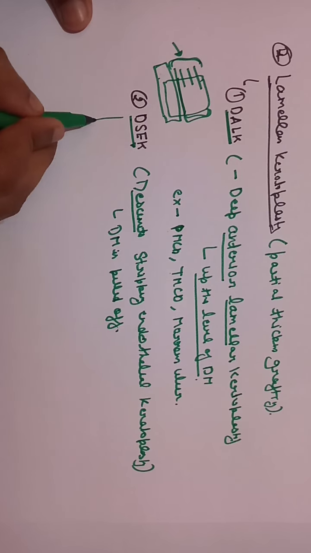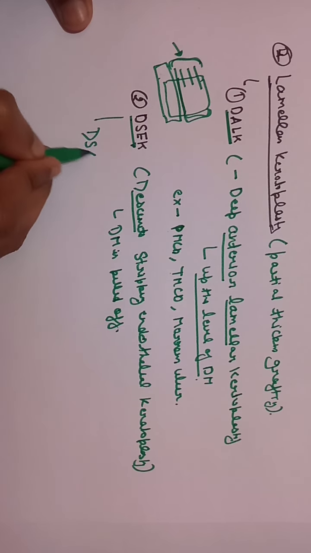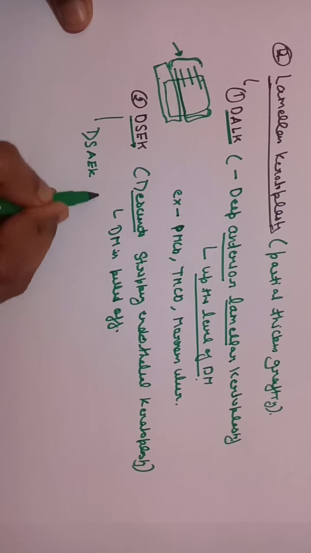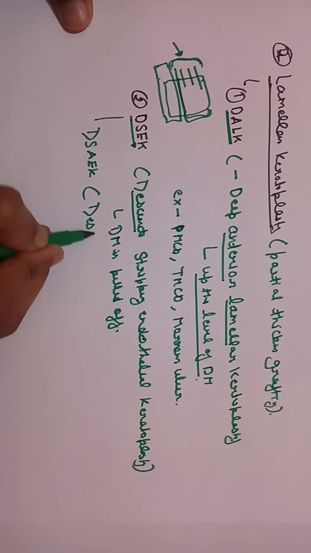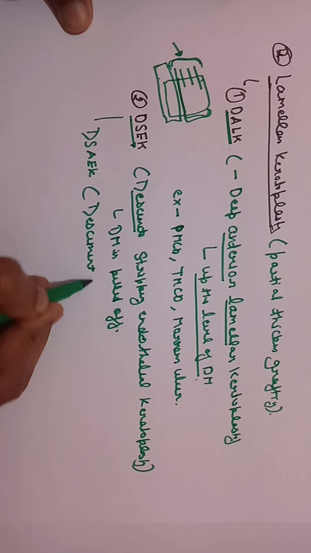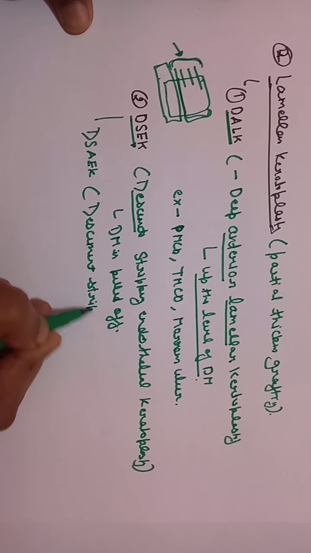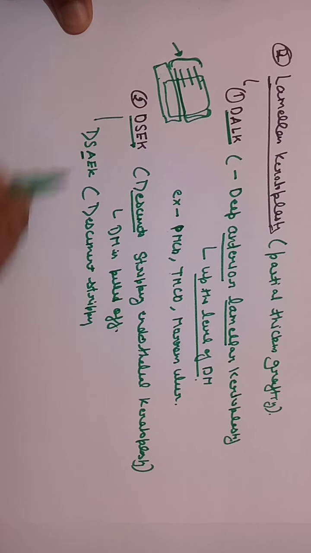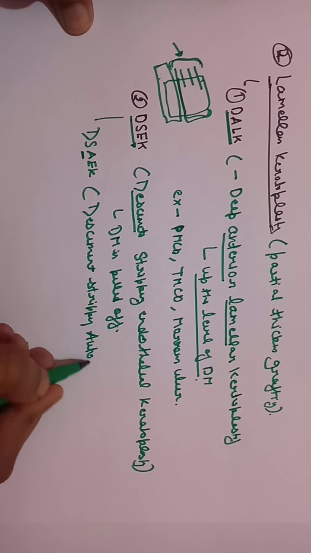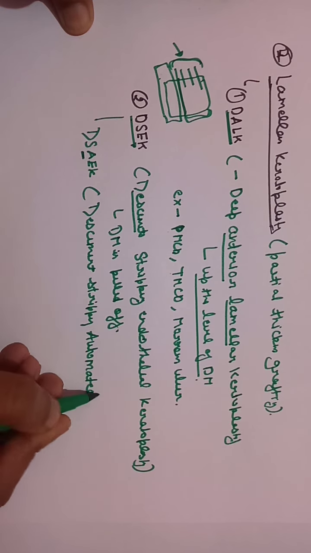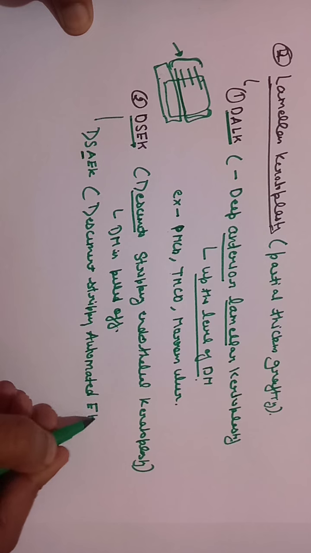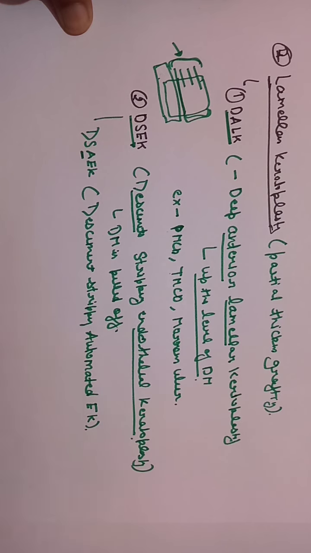Or what is DSAEK? It is Descemet's stripping, A for automated, endothelial keratoplasty. Same endothelial keratoplasty, so the only difference is automated. This is manual, this is automated.